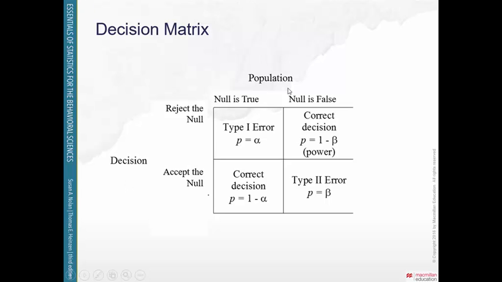So population means if we are doing a study, let's say on that reading program we had talked about in the last lecture, summer reading program where we gave children a prize every time they read a book over the summer. And we want to know if this reading program works. Well, in the population, there is an actual truth out there.